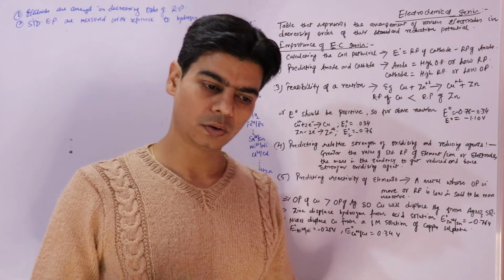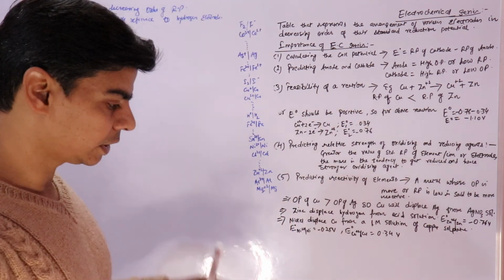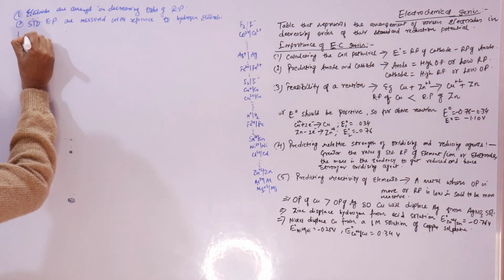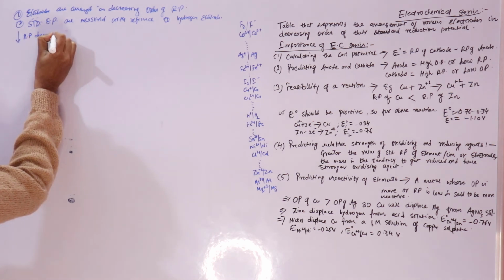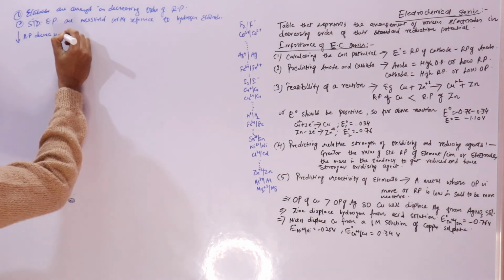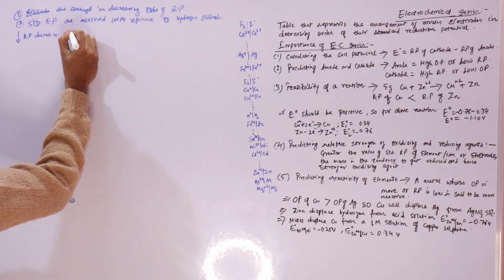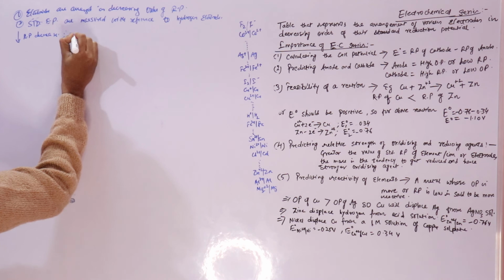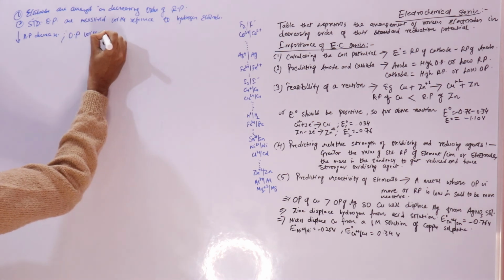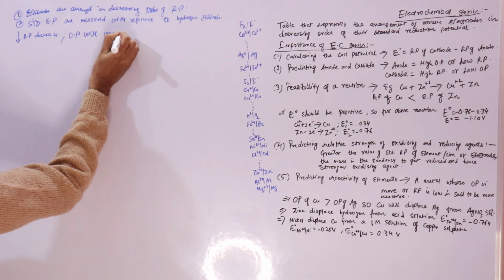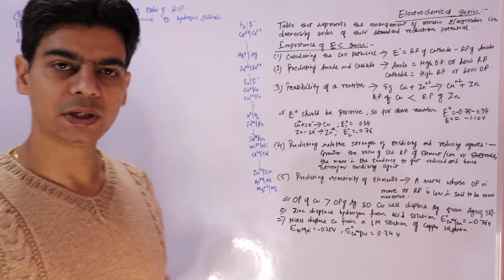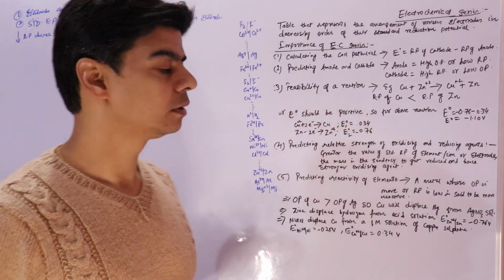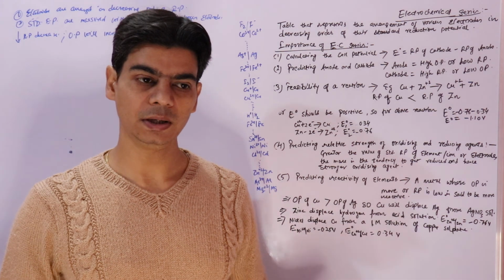Now let's see what conclusions we can draw when we say reduction potential decreases as you move down the series. So what about oxidation potential? As you move down the series, oxidation potential will increase. That means the ability to lose electrons will increase.